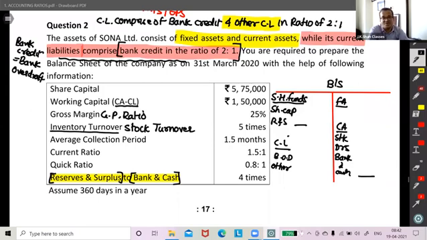After every 2 minutes, it's again 2 minutes. Not done. Bank credit is bank overdraft, there is nothing else. Saket, wait for a moment, please.